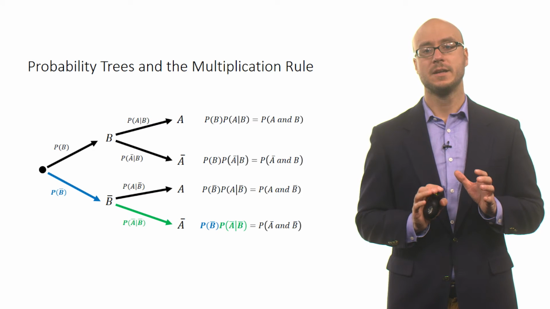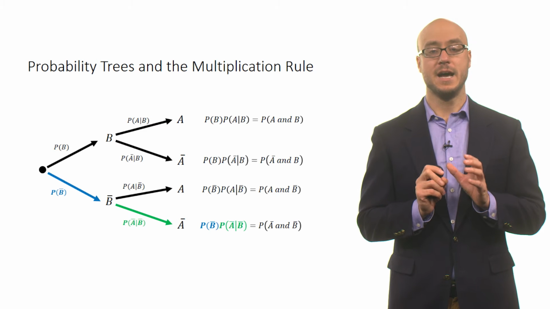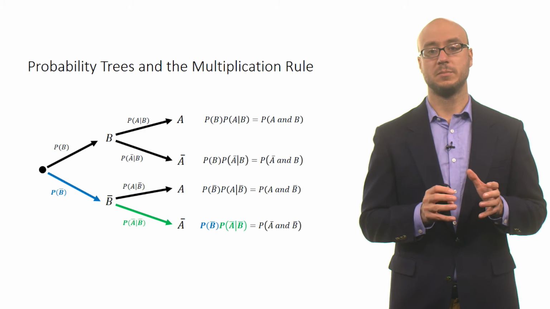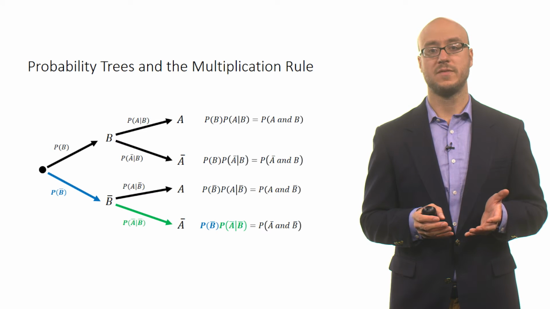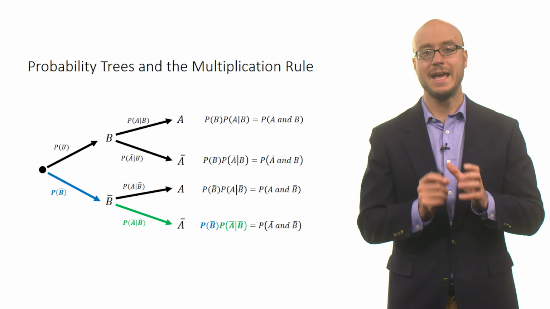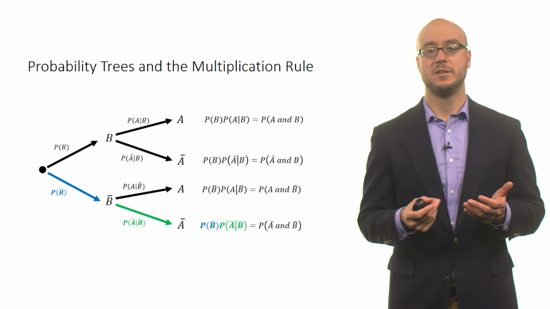This final set, we're trying to find the probability of not A and not B. That first branch, labeled in blue, is the overall probability of not B. And then that green branch tells us the probability of not A given not B. And we can multiply those together.